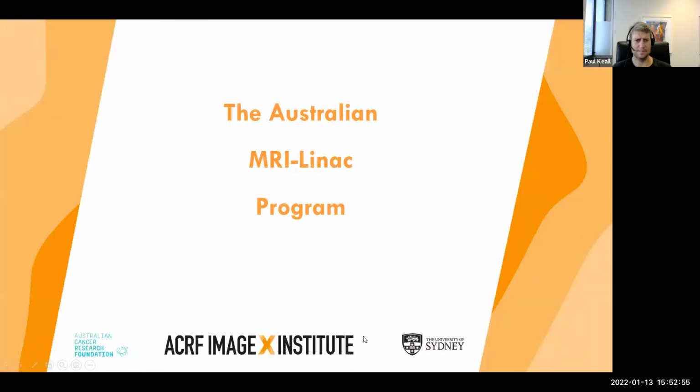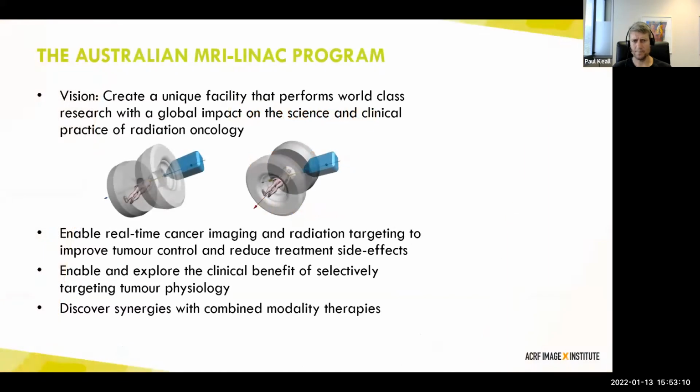And so let me just briefly summarize. One of the programs that we have is integrating MRI with a linear accelerator. This has been an ongoing program at Liverpool Hospital, where we're using MRI, arguably one of the best soft tissue imaging modalities, and integrating that with a linear accelerator, so we can combine imaging and targeting in a single device.